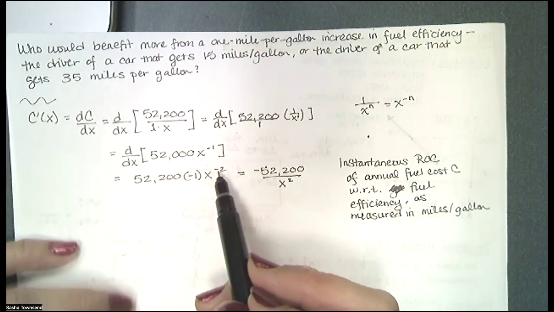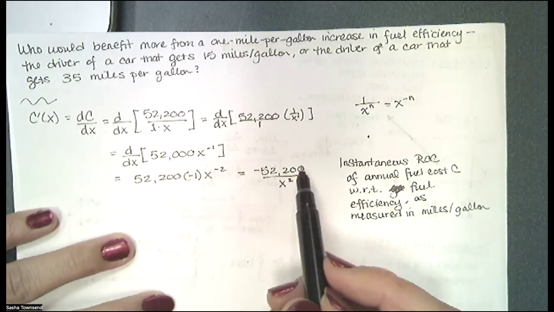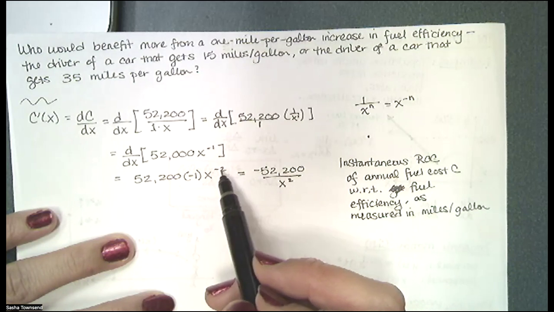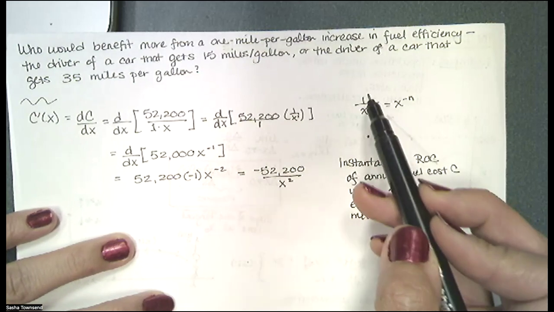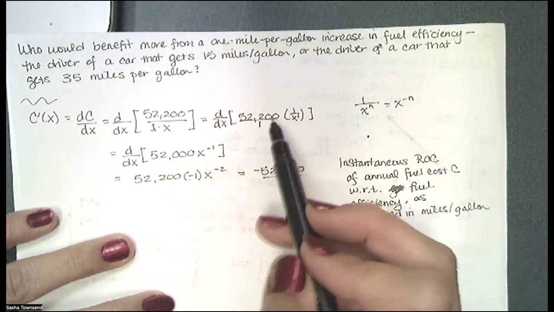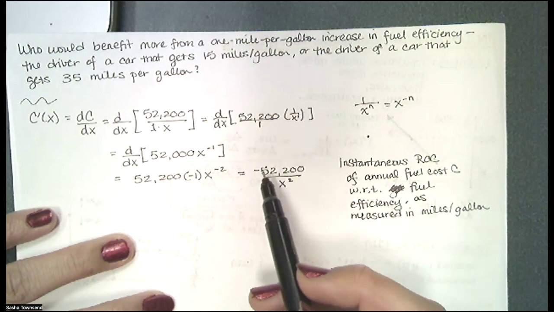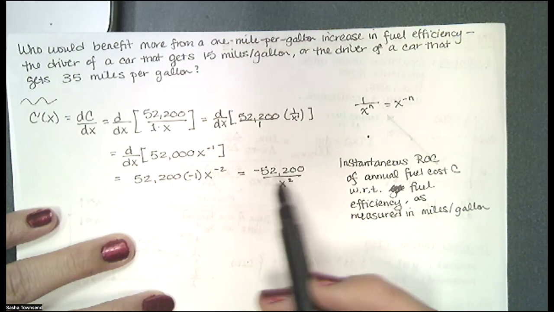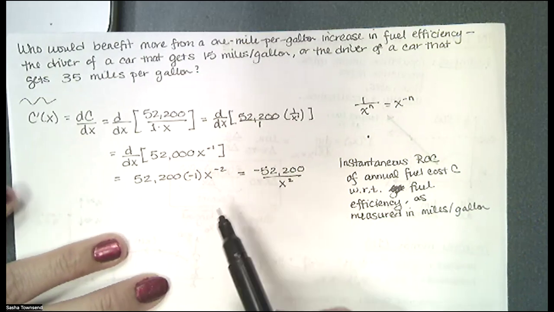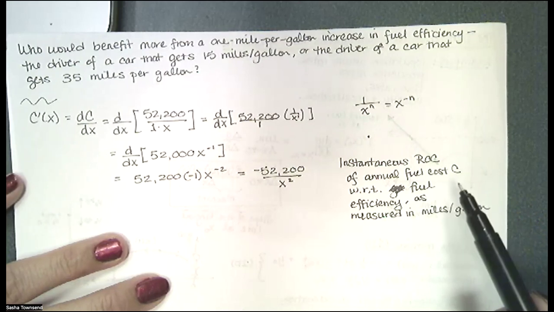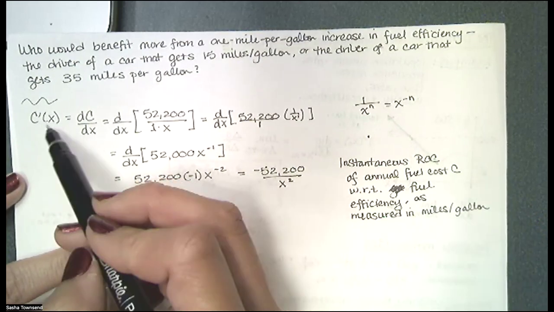Negative 1 minus 1 is negative 2. This times this is that negative in the numerator, and this x to the negative 2 can be rewritten as 1 over x squared. And then again, if we multiply straight across, we get negative 52,200 divided by x squared.